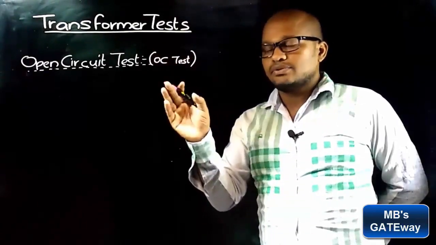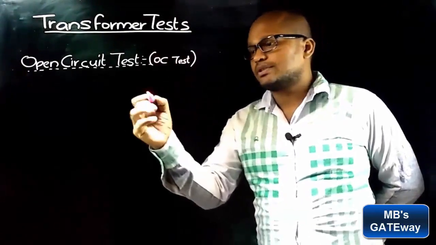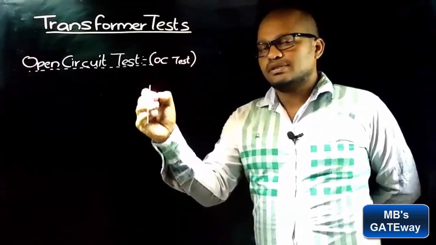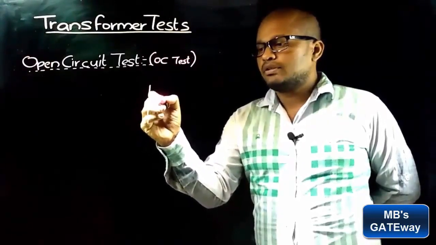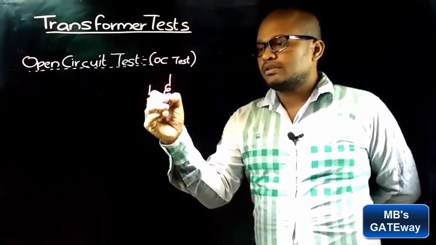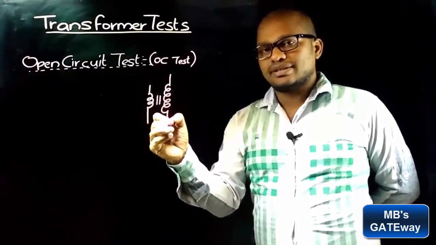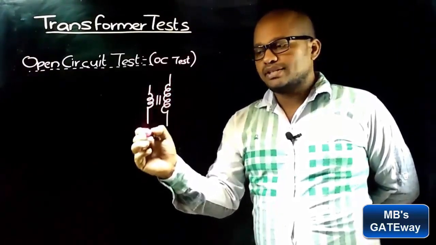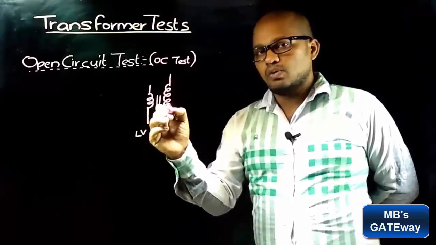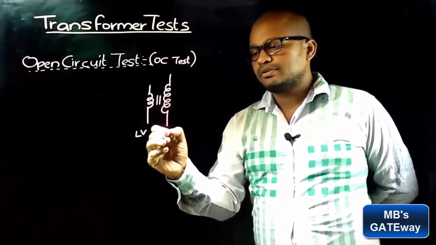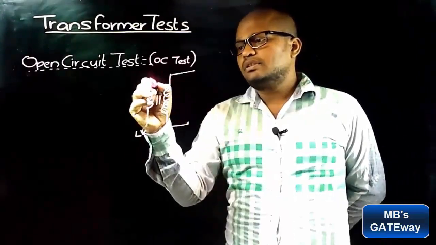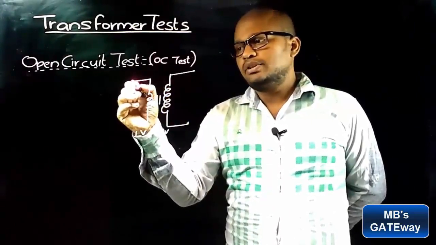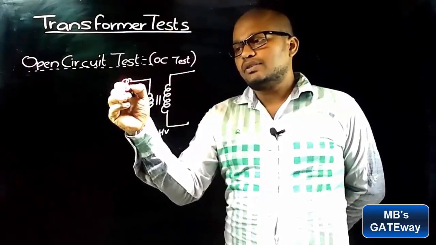Now let's draw the circuit diagram to perform the open circuit test. So this is the LV side of the transformer and this is the HV side of the transformer. The low voltage winding side is represented with LV and the high voltage side of the transformer is represented with HV. To measure the input power taken by the transformer, here we are connecting a wattmeter.